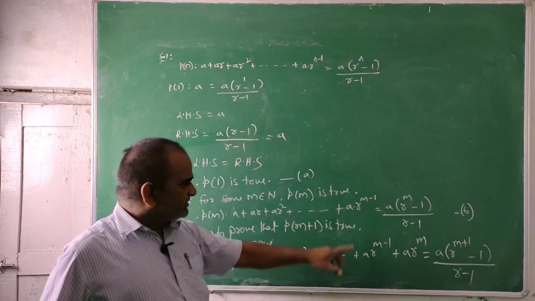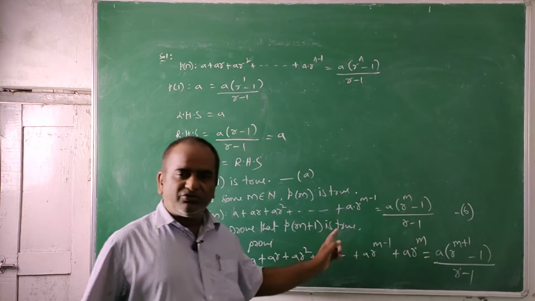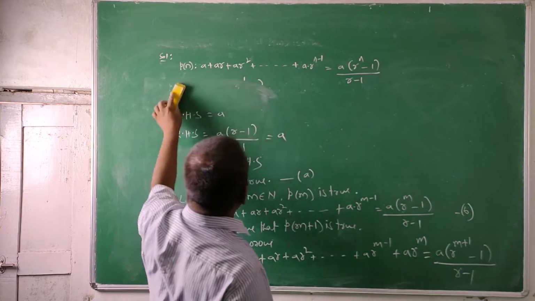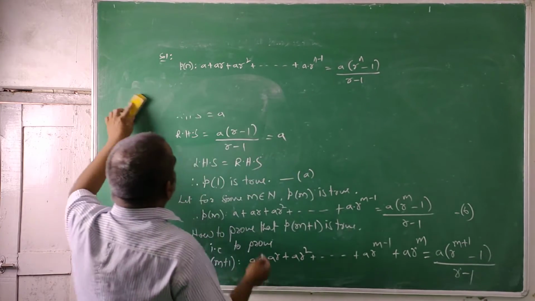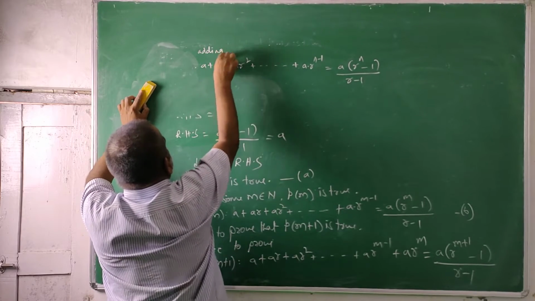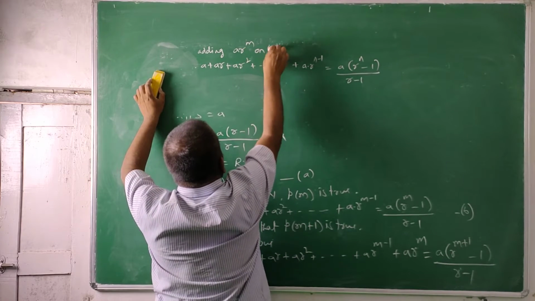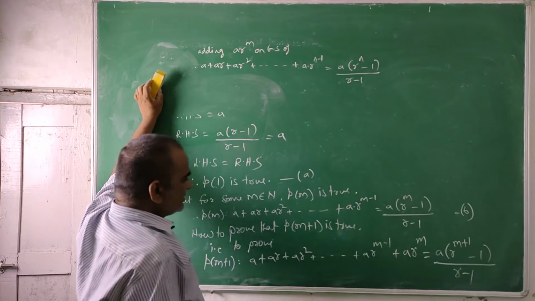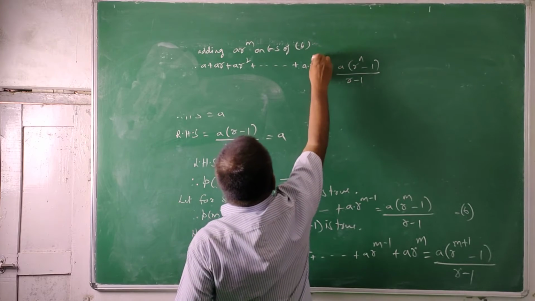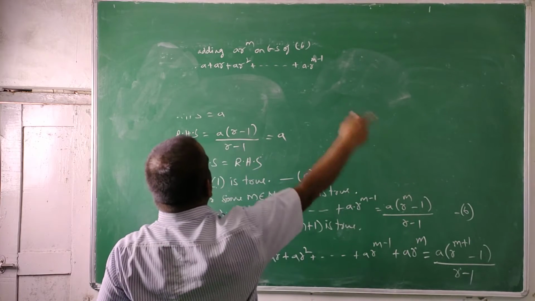In order to prove this, we take the help of step B and we'll add a r^m on both sides of B. So that's what we are going to write now. Adding a r^m on both sides of equation B. This is equation B. For this we are adding a r^m on both sides.